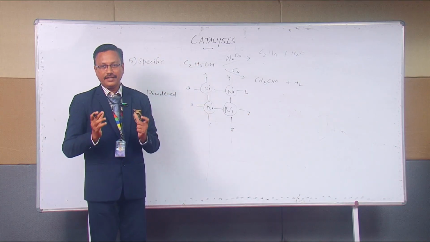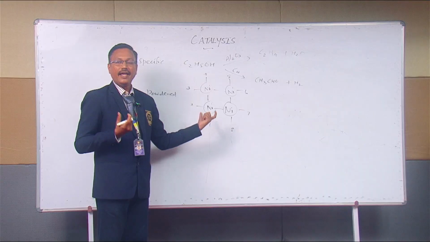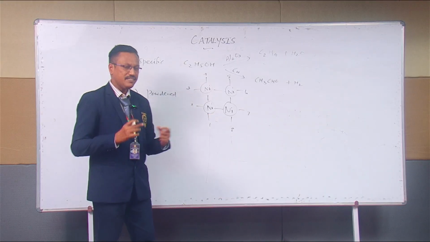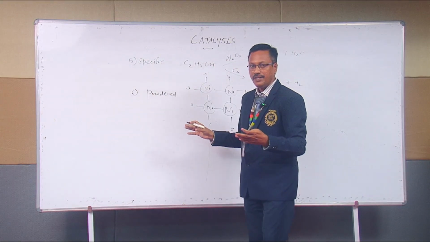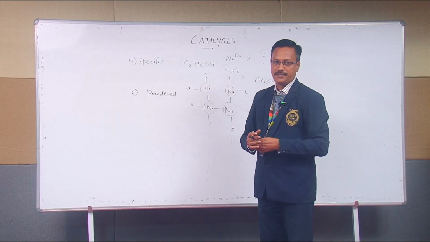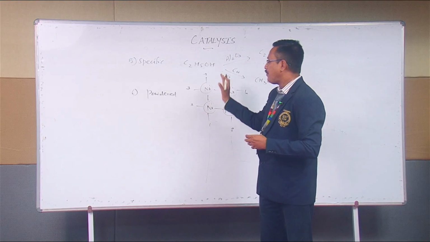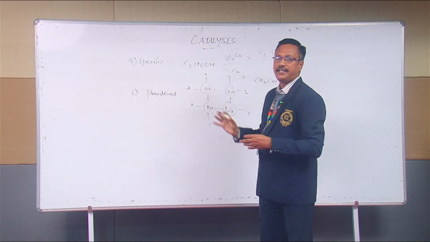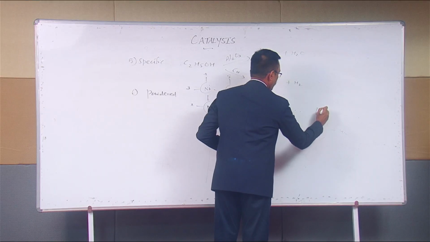If I have nickel in the solid, concrete state, we have 8 active sites. That means 8 reactants can occupy this area, and further reactions will proceed. Now I am going to powder this. I am going to cut the bonds and make it a powder. Nickel, when powdered, will form nickel.